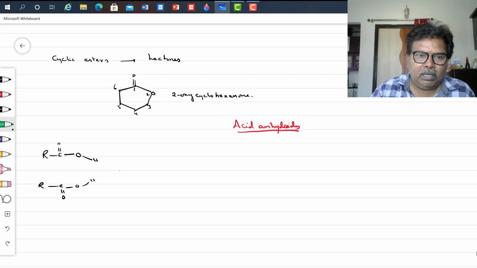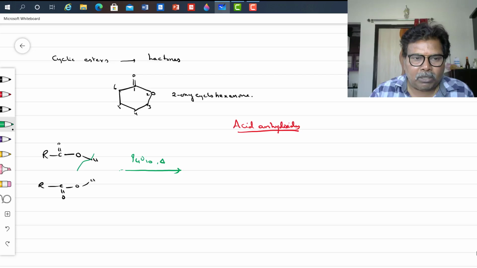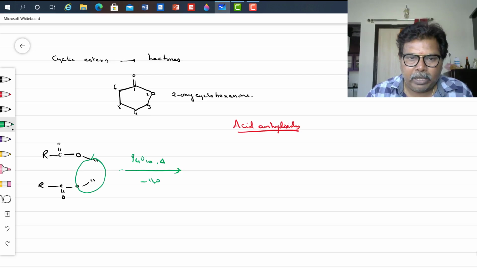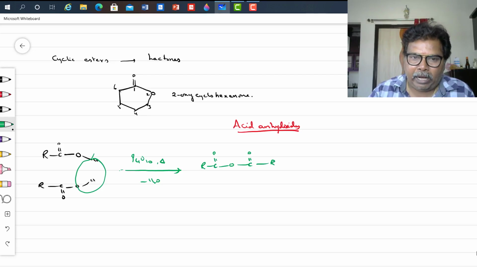Suppose this is treated with a dehydrating agent P4O10, then it loses a water molecule to give the compound RC double bond O, O, C double bond O R. These compounds are called acid anhydrides.